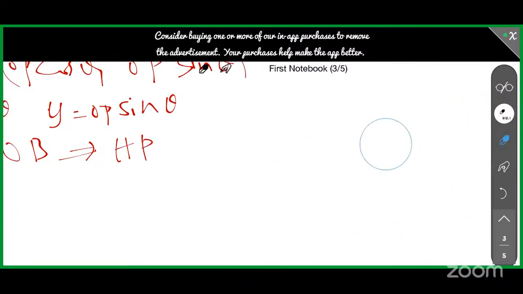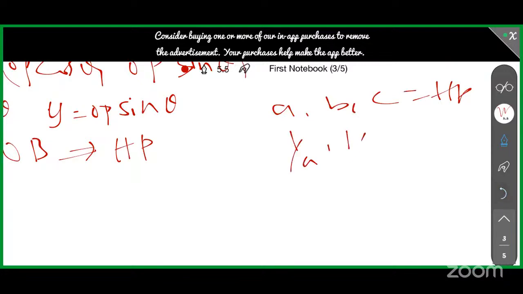If A, B, C are in HP, then 1 by A, 1 by B, 1 by C are in AP. Now listen carefully: three terms are in AP. Using these three terms, what can we do? We can find the common difference between them.